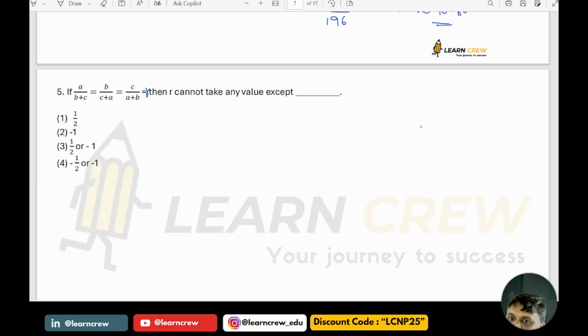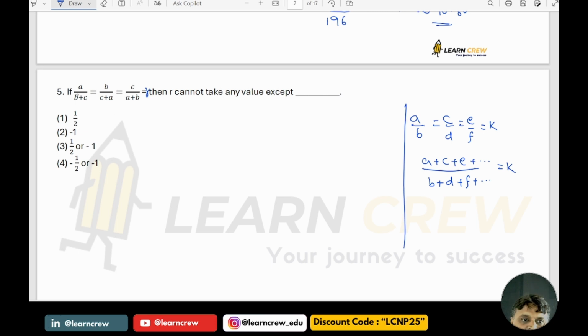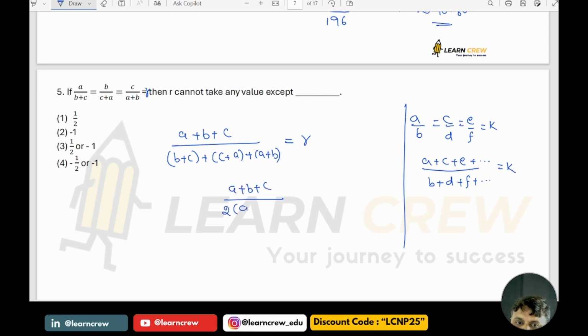I said, if A by B is equal to C by D is equal to E by F, each equal to constant K, then A plus C plus E and so on divided by B plus D plus F is also equal to that constant K. Based on this property, here we have antecedents A, B and C, and the consequents B plus C, C plus A, A plus B. This ratio also will be equal to R. So it is nothing but A plus B plus C divided by 2 into A plus B plus C.